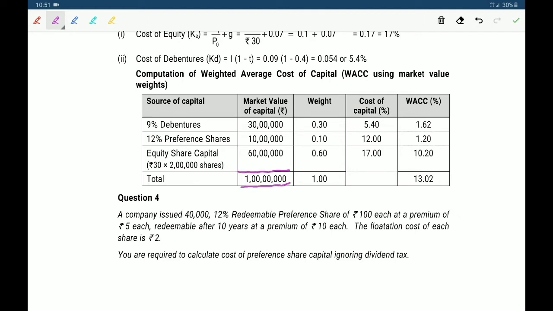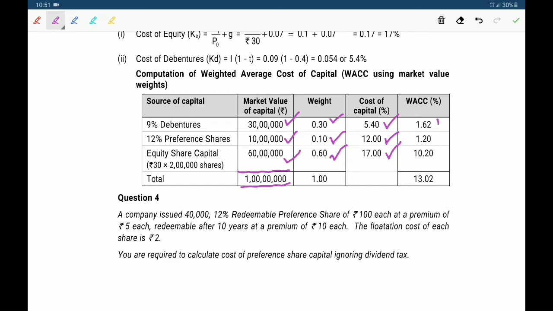In 1 crore, debentures are 30%, that means 0.3. Preference shares are 10%, that means 0.10. Equity share capital is 60%, that means 0.60. These are the weights. Next, we already calculated the cost of capital: debentures 5.4, preference shares already given 12%, equity share capital 17%.